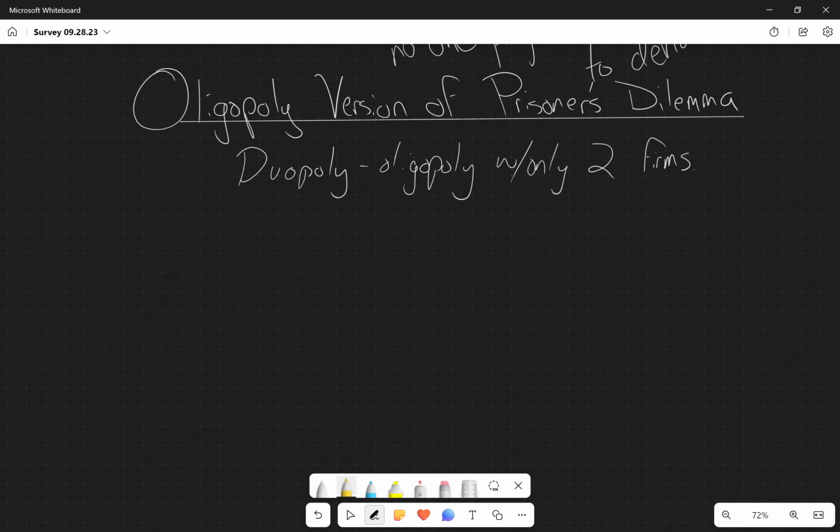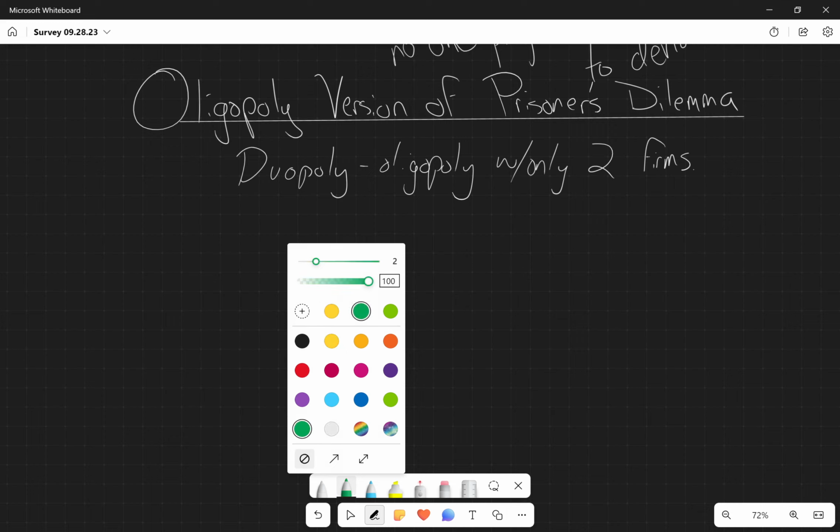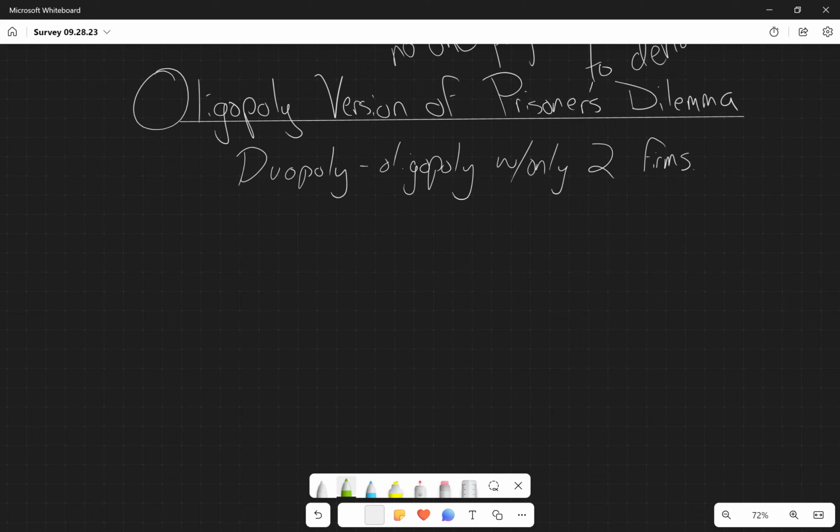And so in green, we've got firm A. Let me make our chart here.